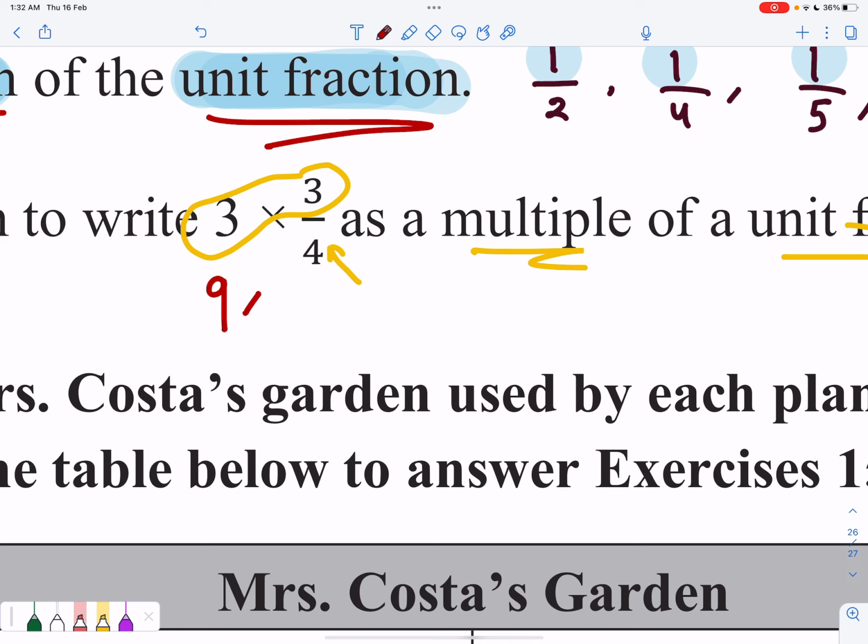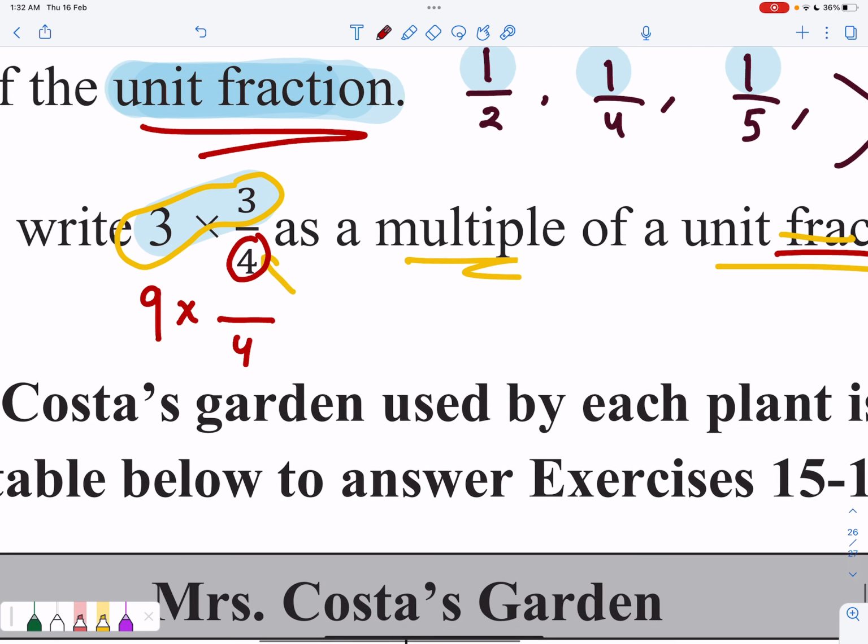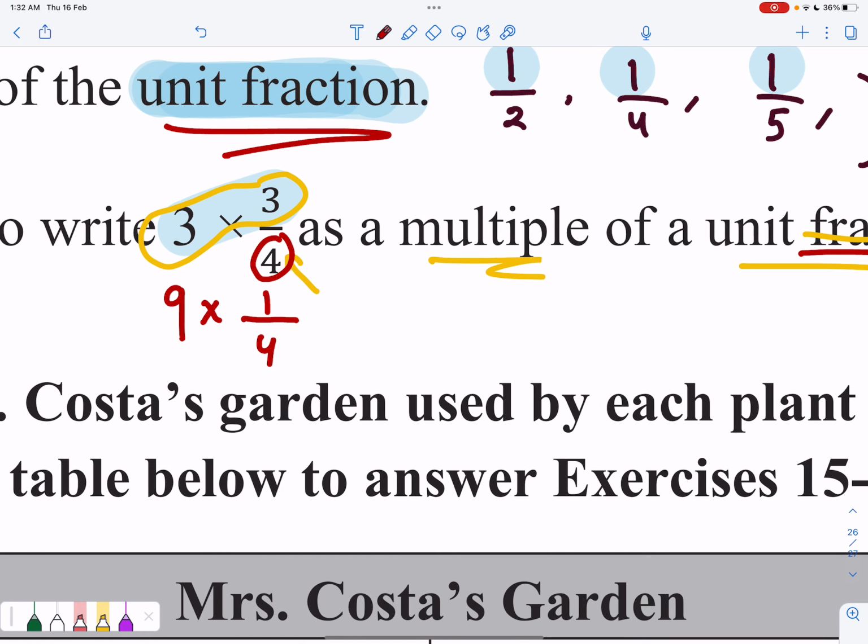Okay, multiplied by what? We used these 3's together, we're done with them. We just have this 4 left, right? So I will write it down here, and since it says a unit fraction, I will just write 1 up here.